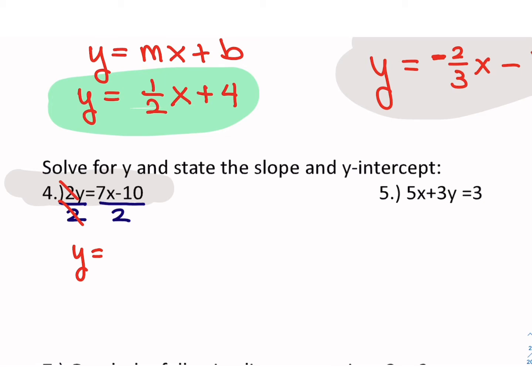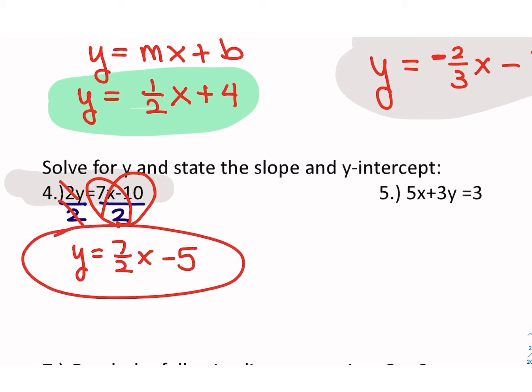On the right-hand side, we split this up, and we get 7/2 x minus 10/2. But 10/2 is really 5, so we can just write minus 5. So there's the answer to number 4.